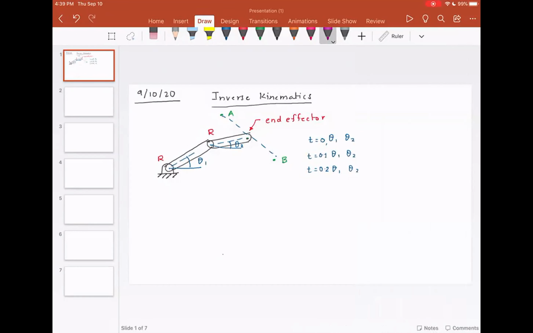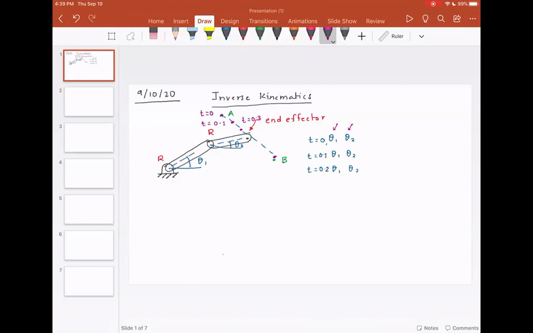Once we know these values, the end effector position, for example, is the first position at time t equal to 0, the second position at time t equal to 0.1, and the third position at time t equal to 0.3. What I want is to find the values of theta 1, theta 2 for different instances of time so that the end effector can track the trajectory from point A to point B.